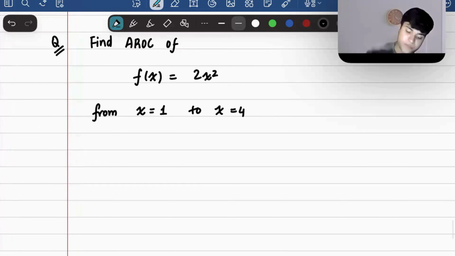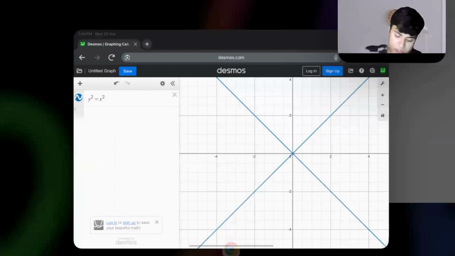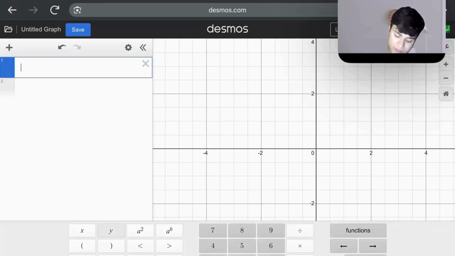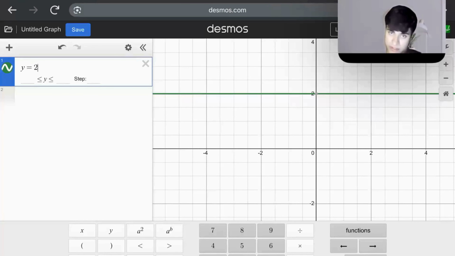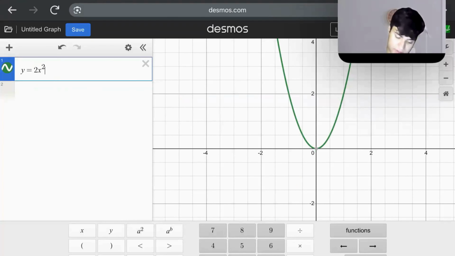Before I go ahead, I want to show this on the graph as well. So we'll write down the function and graph the function, 2x squared.